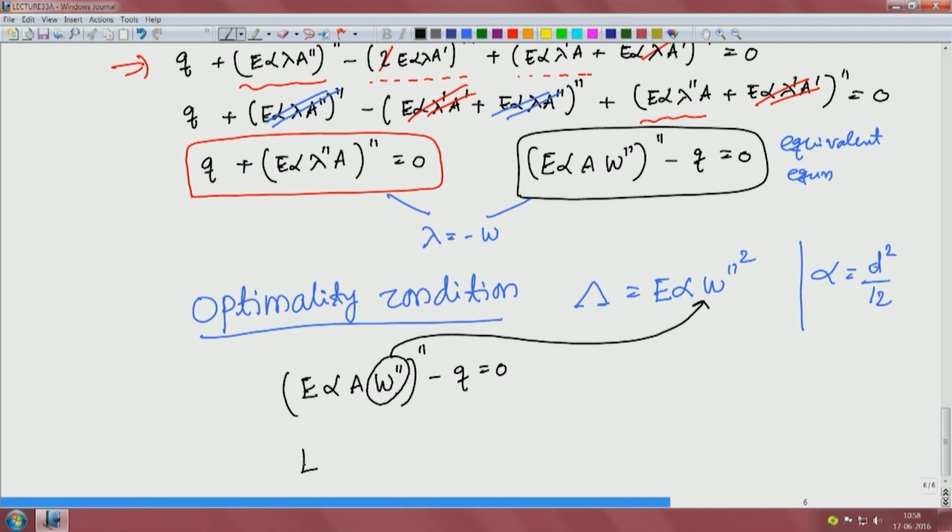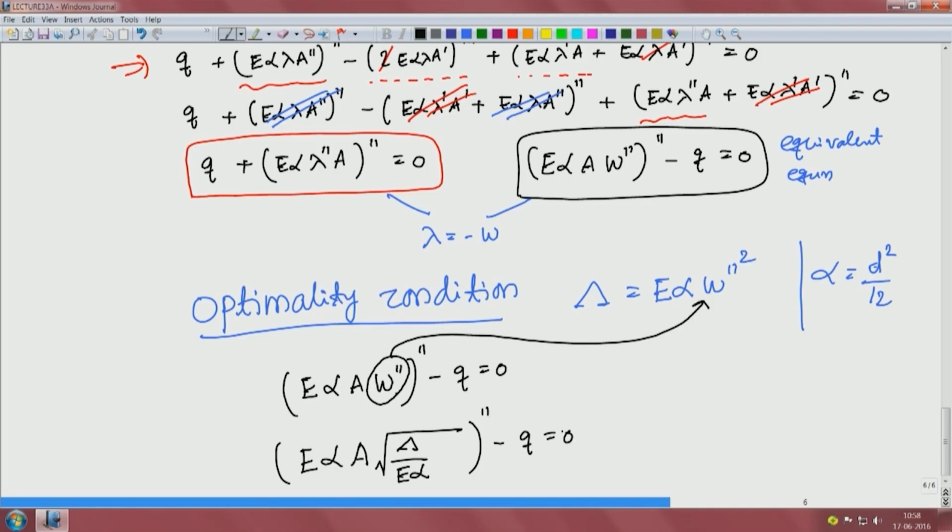So, if we do that, I get E alpha A into square root of lambda by E alpha, right. That is W double prime we substituted, and then double prime minus Q equal to 0.